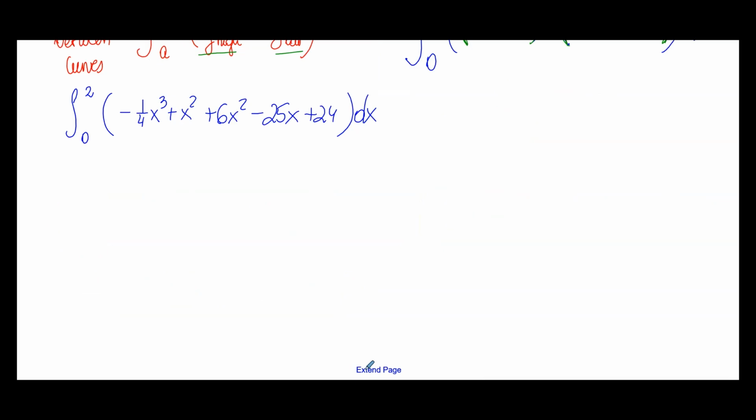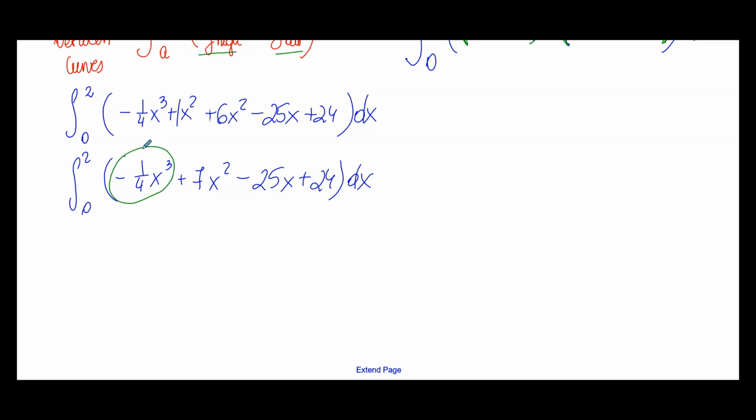Well, actually, first, let's simplify it. So I have minus 1 for x to the power of 3. Let's not forget we are integrating. Then I have here 1 and 6 together, I have 7, isn't it? Then I have minus 25 and plus 24. So how do we integrate? Well, we integrate each element.